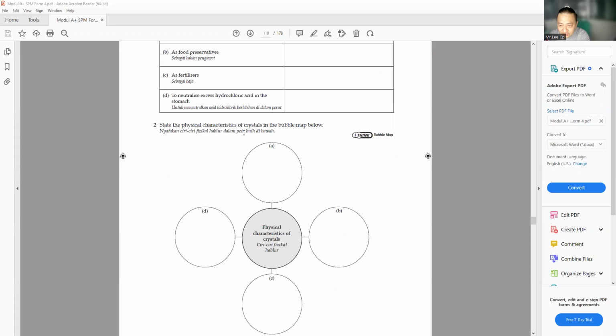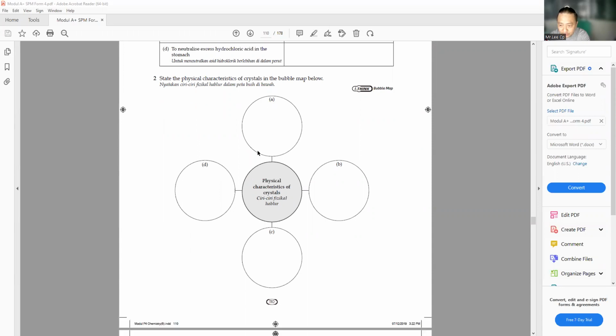Number 2, the physical characteristic of the crystal in the bubble map below. All right, physical characteristic of the crystal. A, B, C, D. Right, A. The characteristic of the bubble inside. So A, we look at the A. This one you need to read on your own.